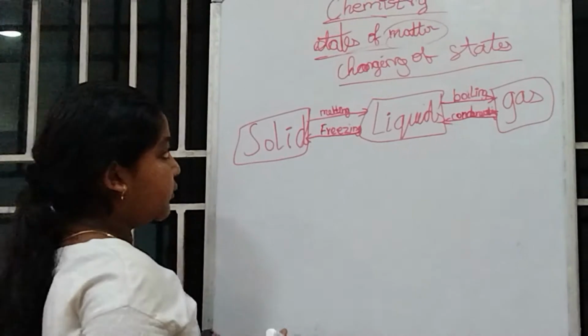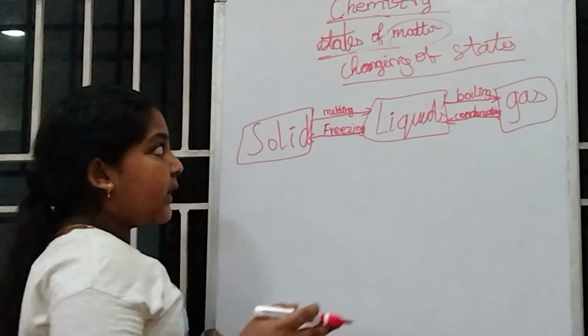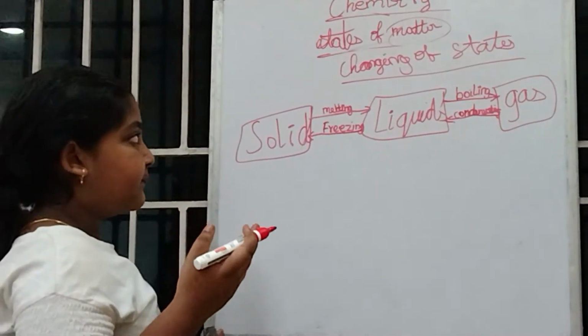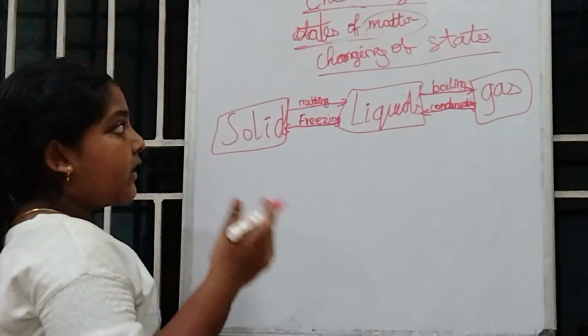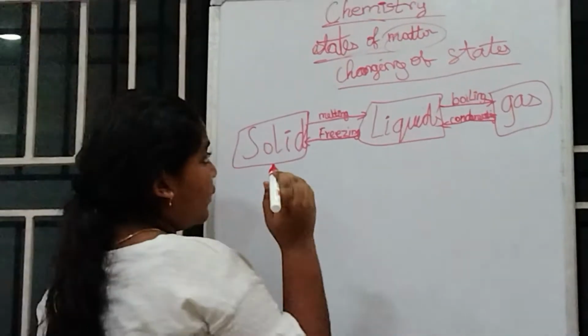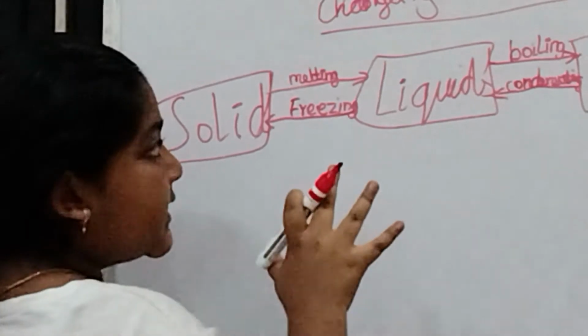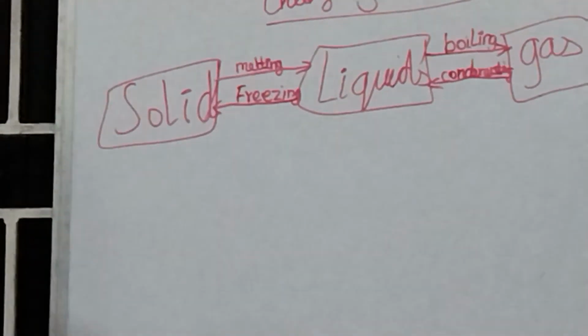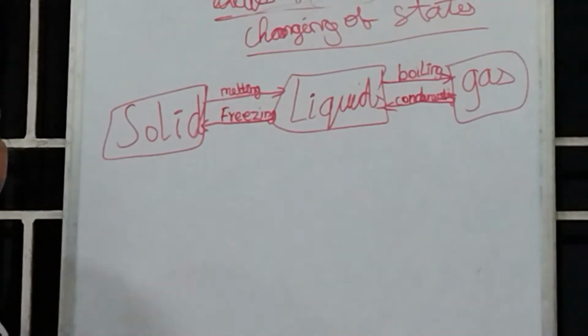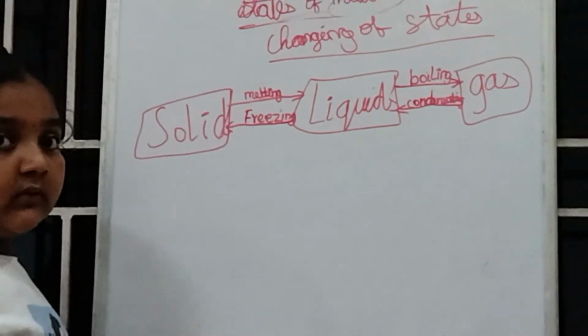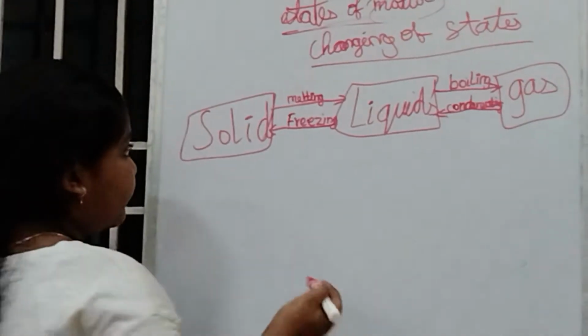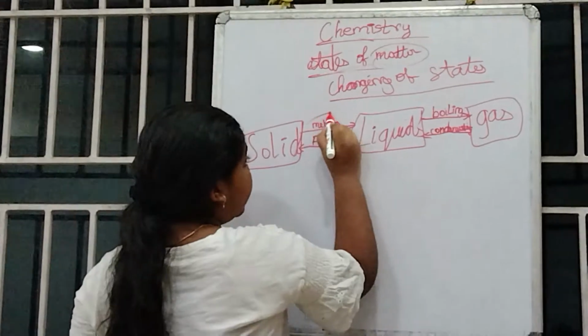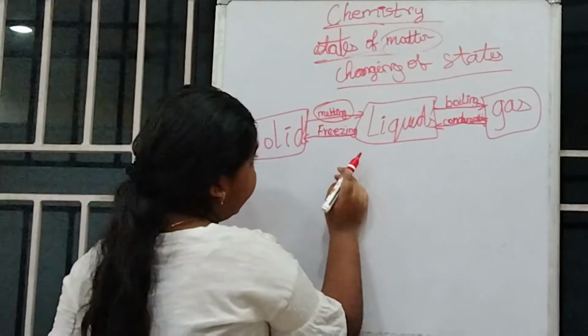When we freeze water, after some time the water won't be seen as solid. It converts into liquid. That process is called melting.